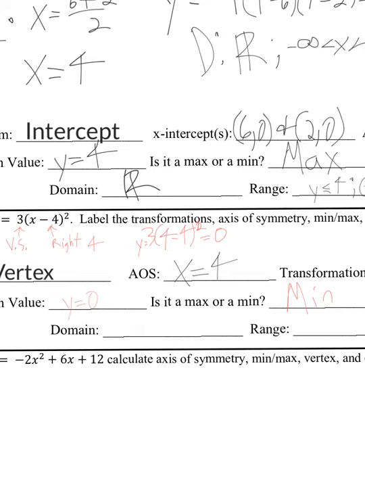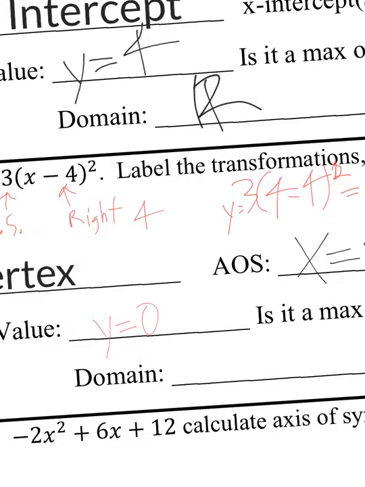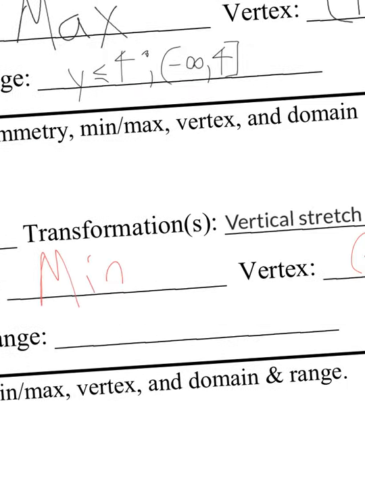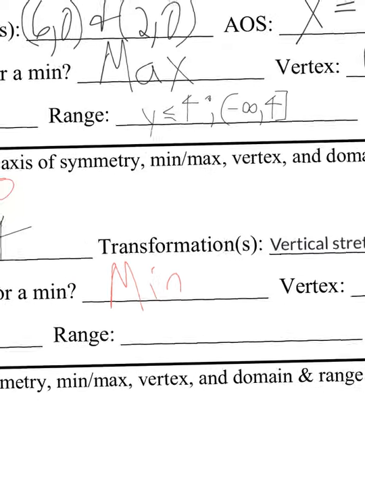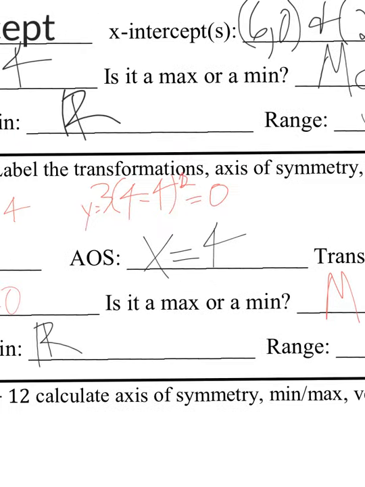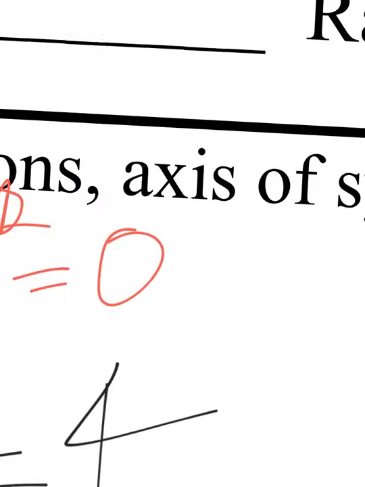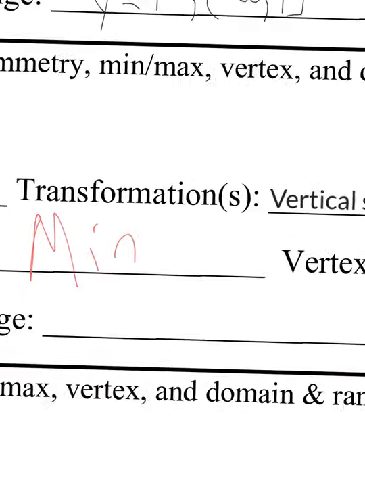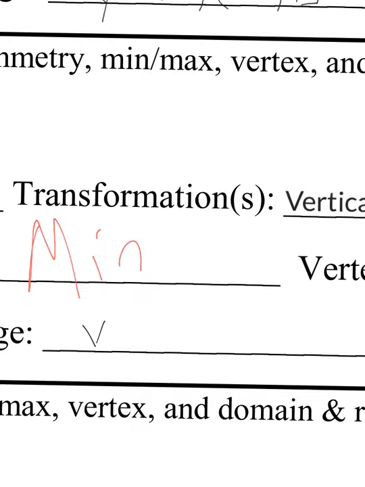Domain, like I said before, it's always all real numbers on a regular parabola that opens up or down. If it opens up sideways, that's a different answer. But we don't really deal with that much in Algebra 2. So the range, you had the lowest point of 0, and then it went up forever. So you can say it as y is greater than or equals to 0.